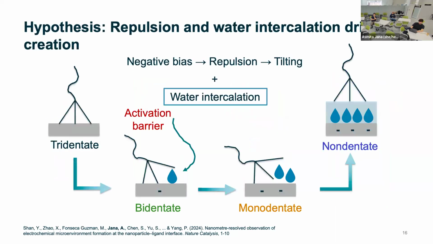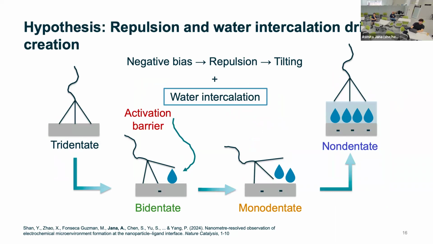So this forms the basis of our hypothesis about why non-dentate or nano-confined might be forming only at really large negative potentials. At really low potentials, you have the tridentate, especially if you don't have water, right?